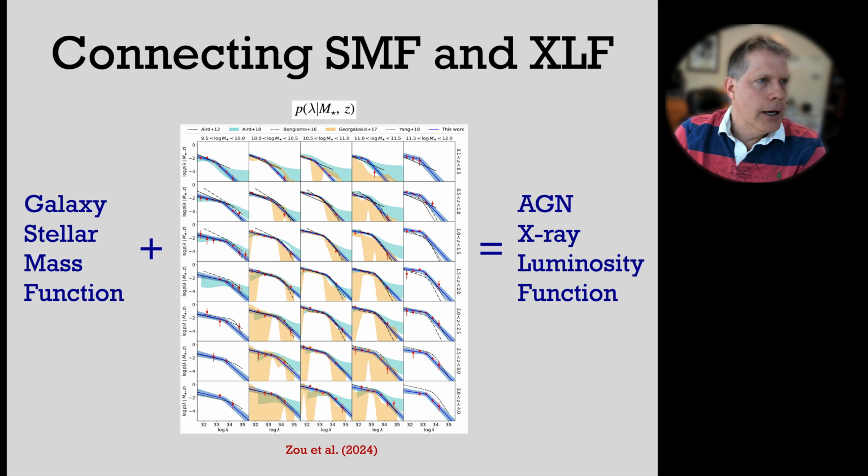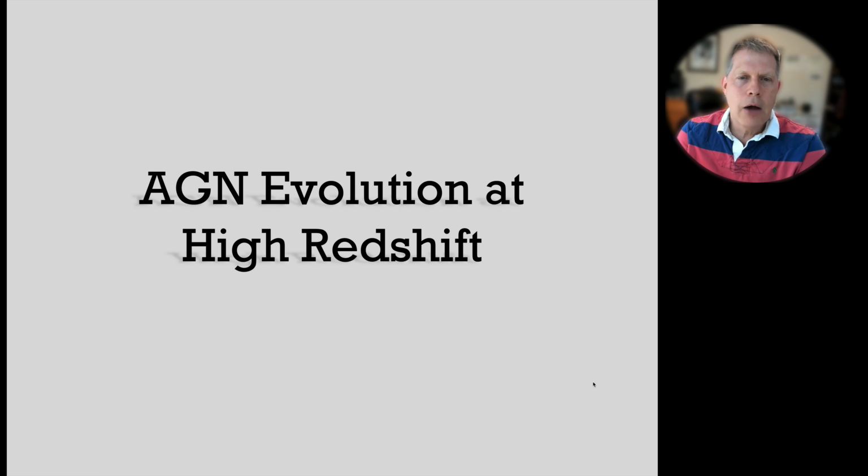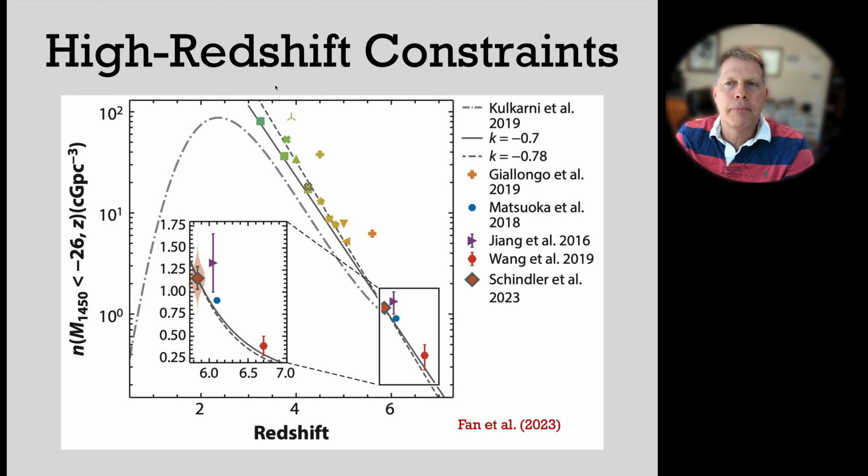Okay, so I have a few more topics to cover. I would now like to tell you a little bit about AGN evolution at high redshift. As you've already seen, we have good constraints now upon AGN evolution reaching up to high redshifts. This is a nice plot from a recent review article.